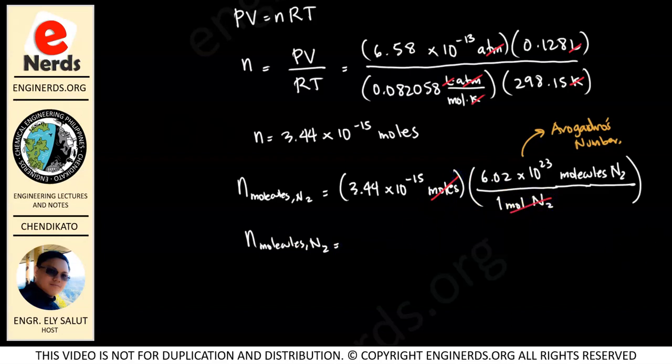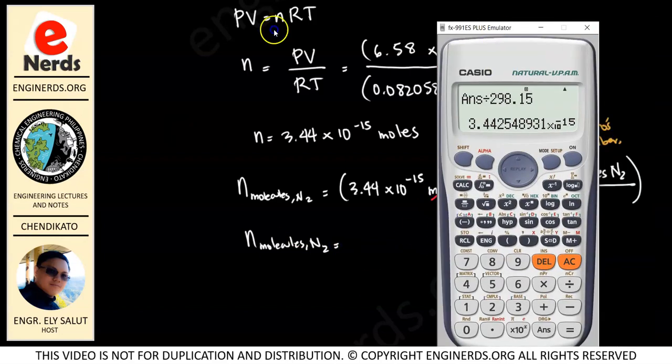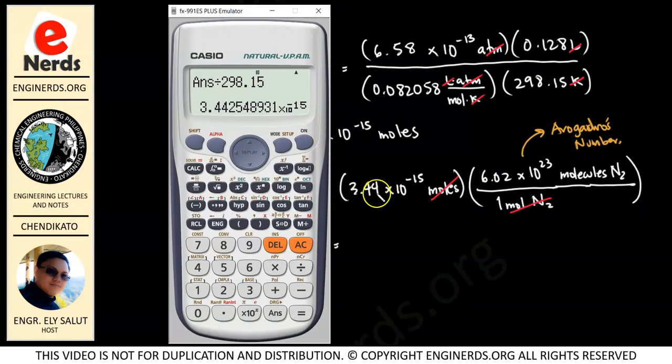Okay, so now we can calculate for that. We already have here 3.44. So we will multiply that by 6.02 times 10 to the 23. Okay, so we have a pretty big number here, no?